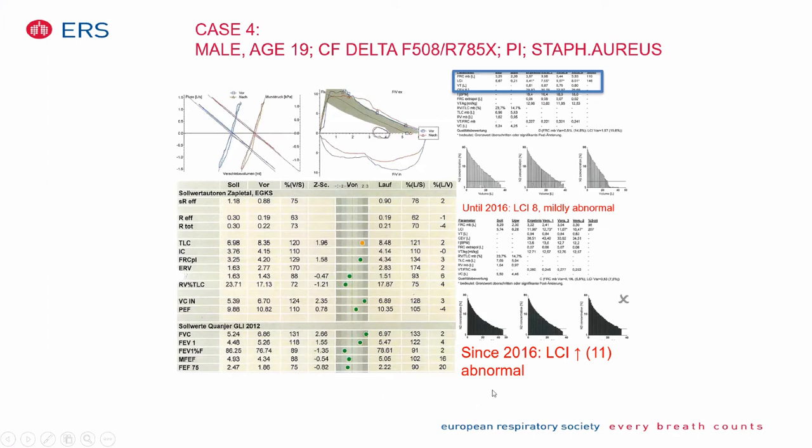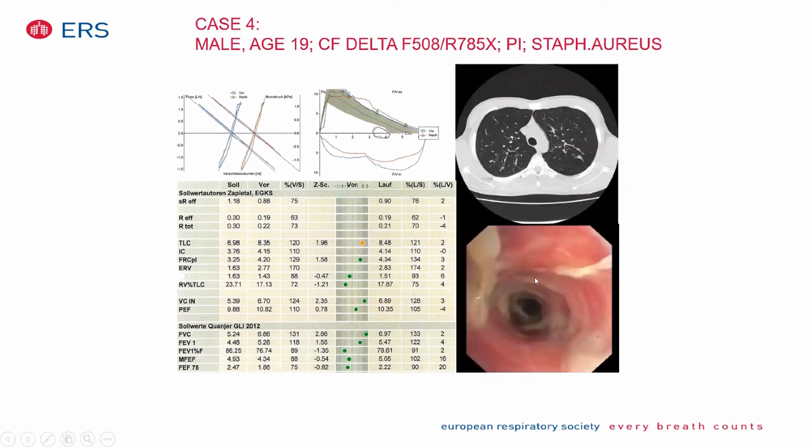Physiotherapy was not really his thing. So for further workup, he underwent CT, and we found central bronchiectasis, evidence of structural lung disease with this completely normal conventional lung function.